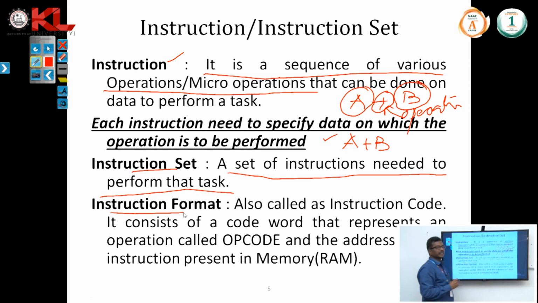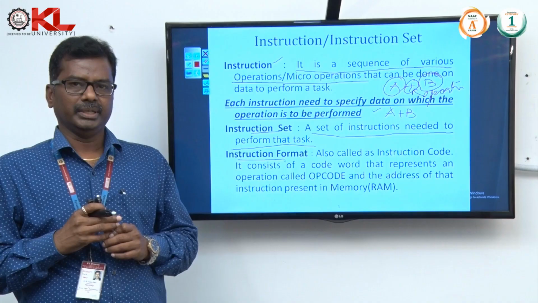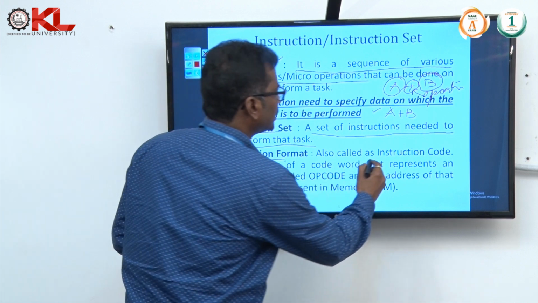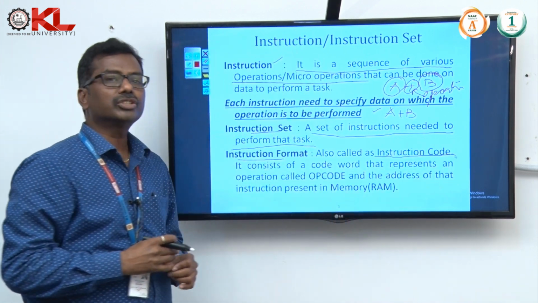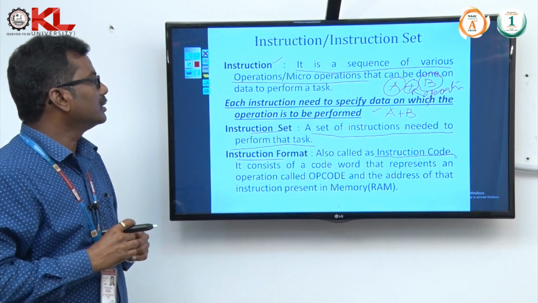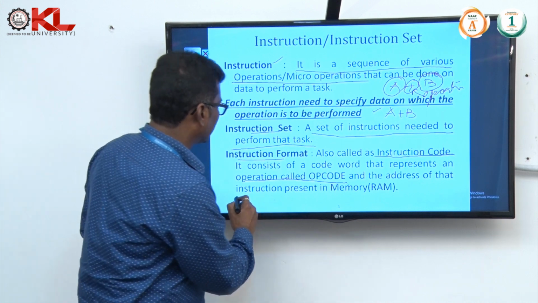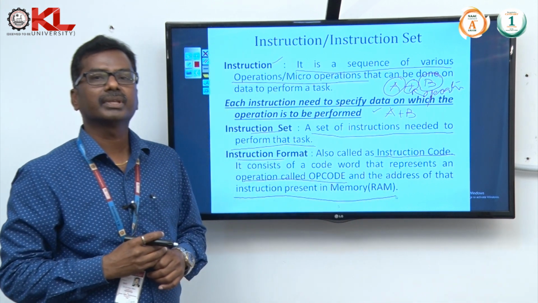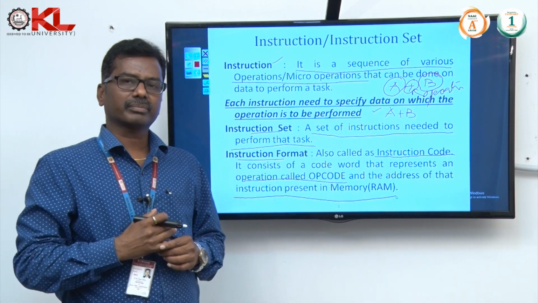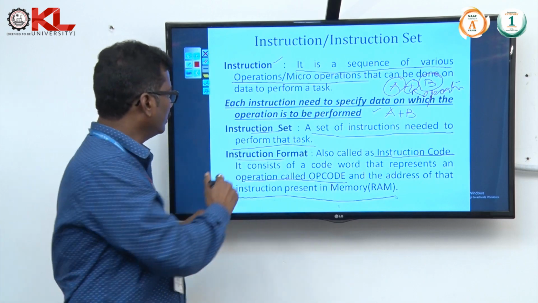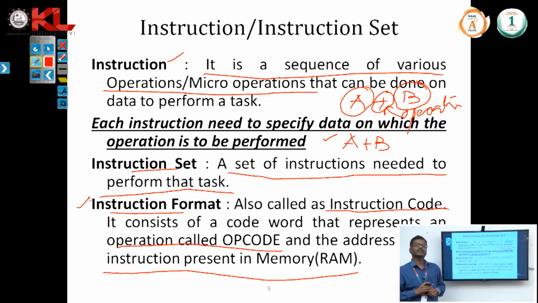And the next one is instruction format. A computer instruction has a special format. It is also called the instruction code, and it consists of the code word that represents an operation, called the opcode, and the address of the data in memory. Normally, a computer instruction consists of various important parts, which are defined by this instruction format.